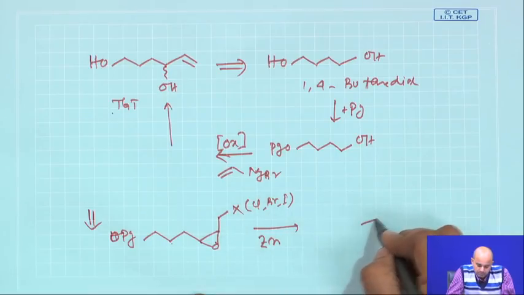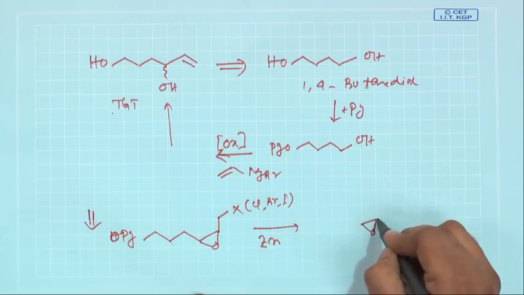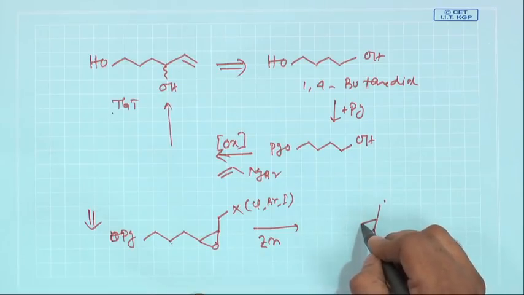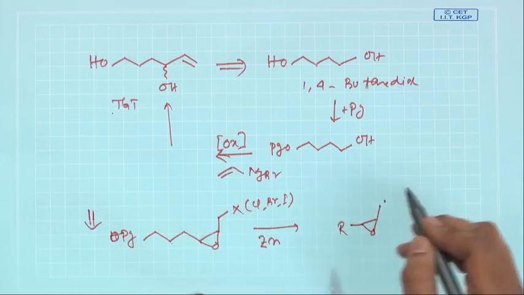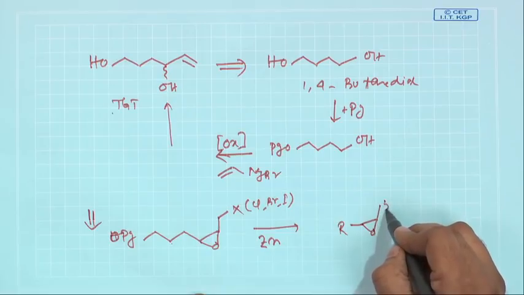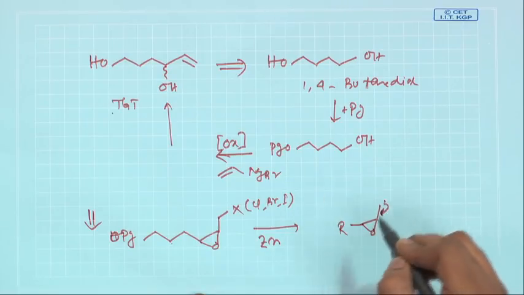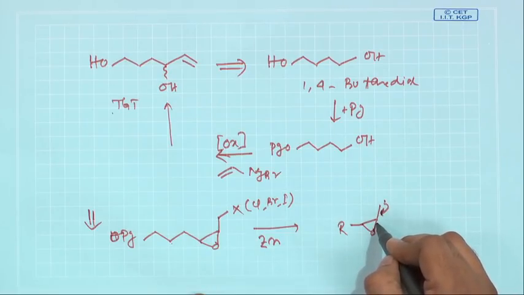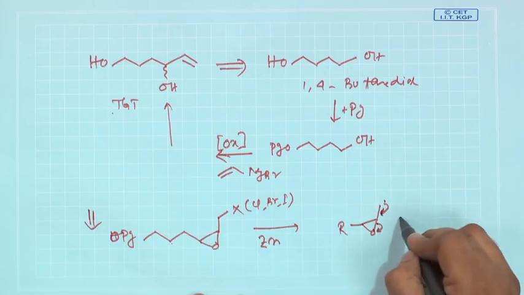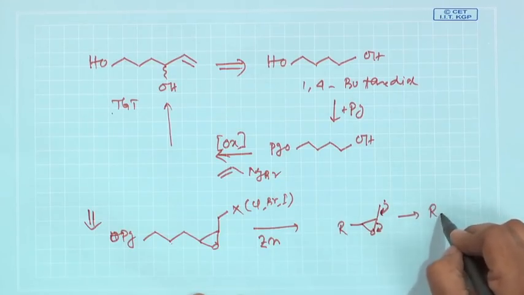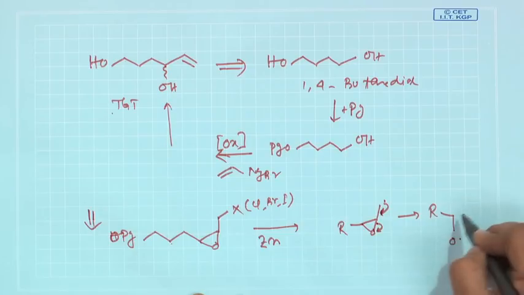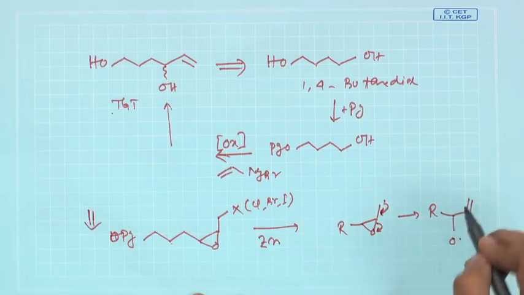Now, if you have a radical species there, this is basically R, I kept it as it is. This radical tends to cleave this epoxide in this way, and basically it will give you an O dot and a double bond here.